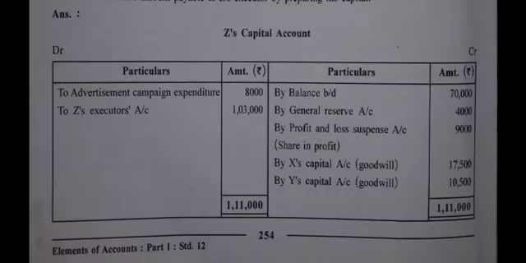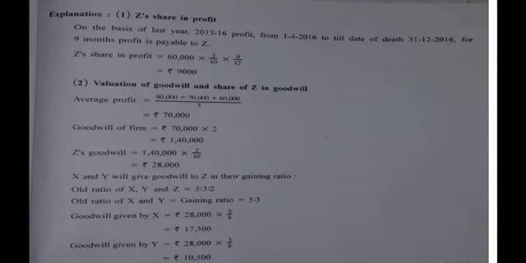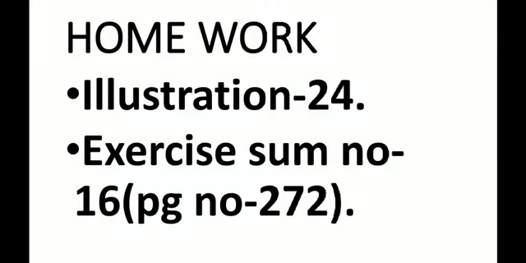So you will study this thoroughly, you will write it down in your fair book as well. And here is the homework for today, that you will complete illustration 24, and the sum similar to this is given in your exercise, that is sum number 16 on page number 272.